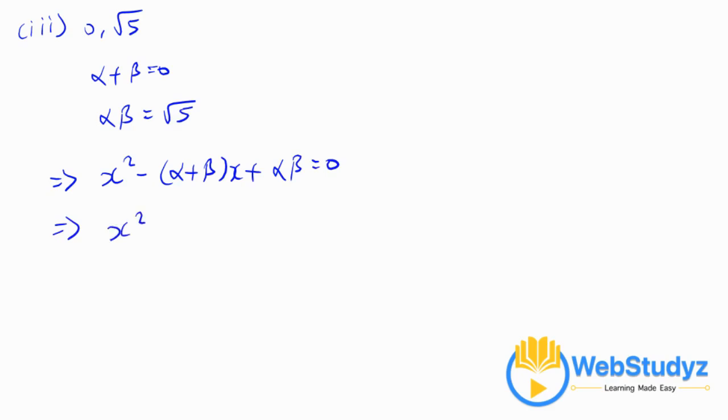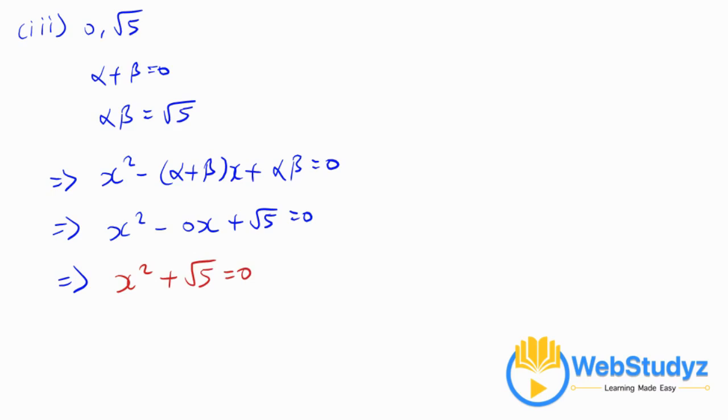Putting values, we get x square minus 0 into x plus root 5 equals 0. So we get the quadratic polynomial as x square plus root 5 equals 0.